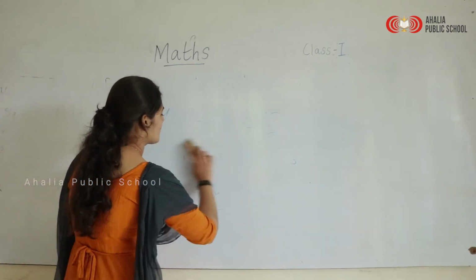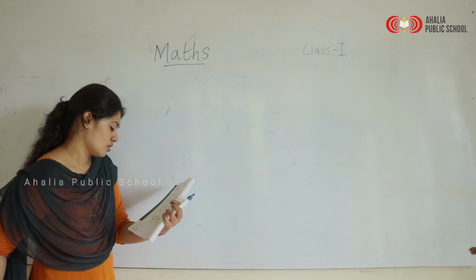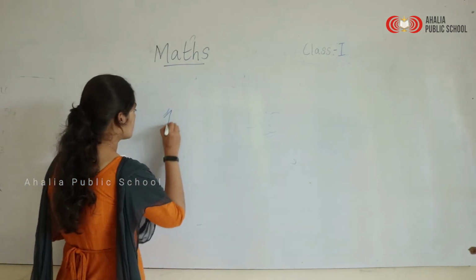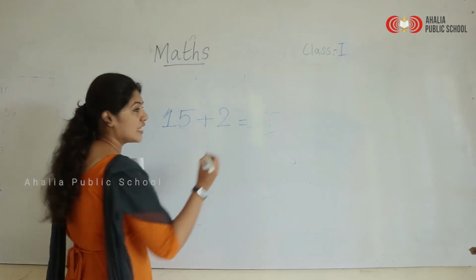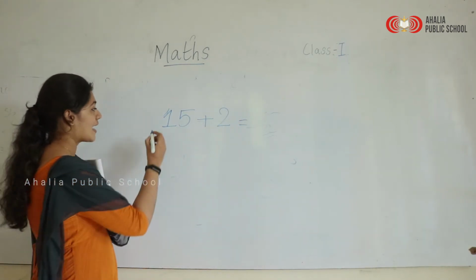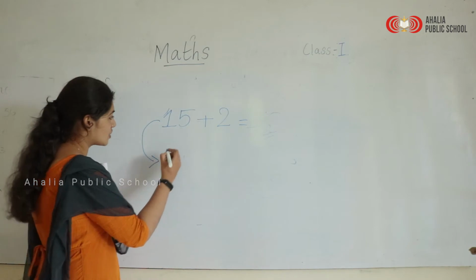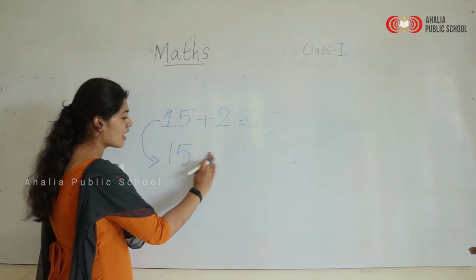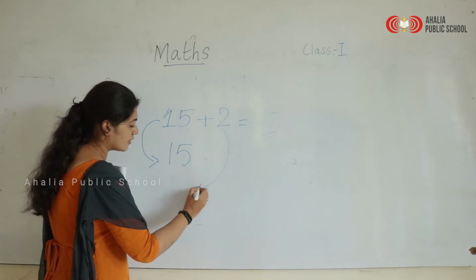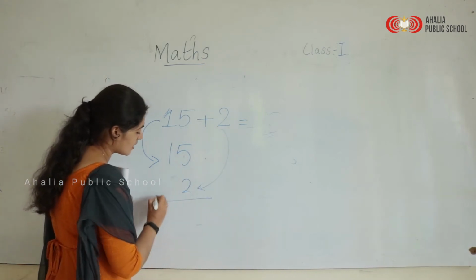15 plus 2. Writing them in the form of the vertical addition, first write 15 and write this 2 here, 2 ones here.